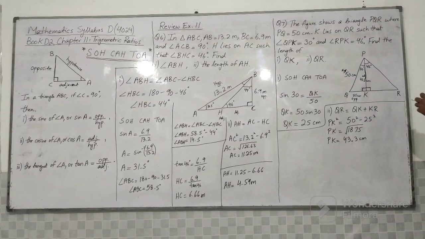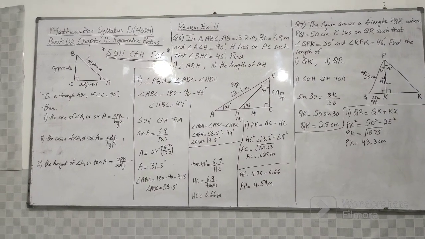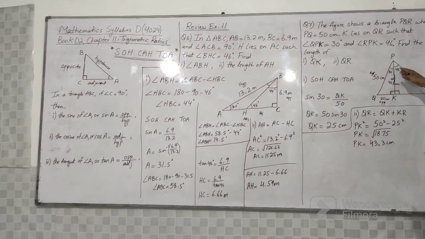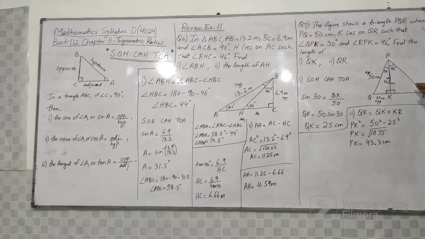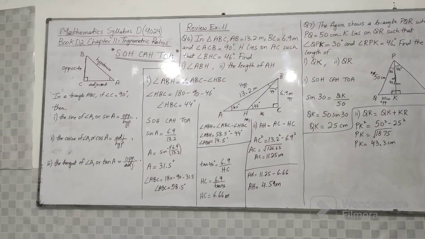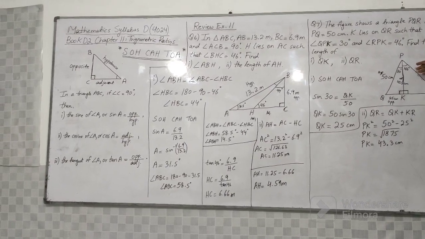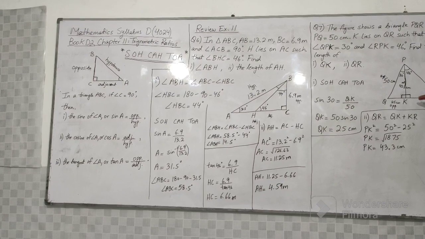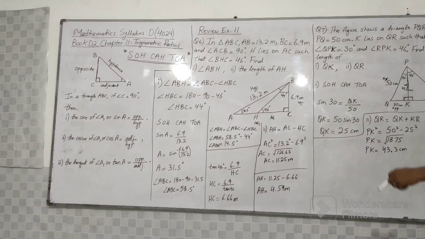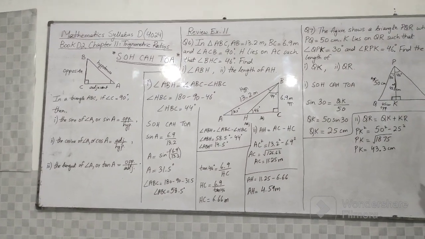Okay, so now we can find KR because we have an angle here and a side here. Of course, we can find the third angle, but as I told you earlier, there are many ways to find a side or an angle when applying these three ratios.